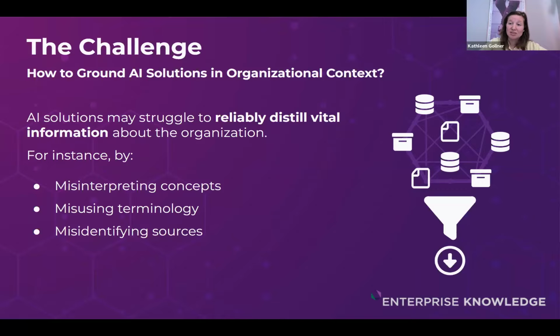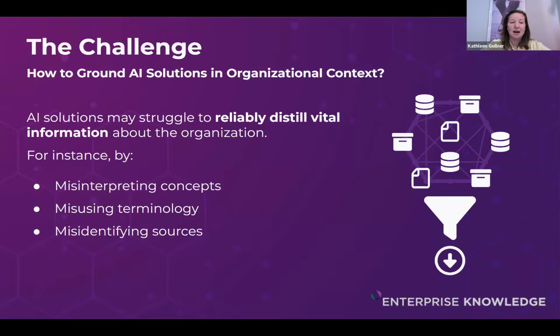The challenge that comes up is how we reliably distill the really important things, the stuff that we never want the AI solution to get wrong, the things that are fundamental or unique to the organization. When AI solutions work off the corpus of internal knowledge assets, they may sometimes misinterpret concepts.